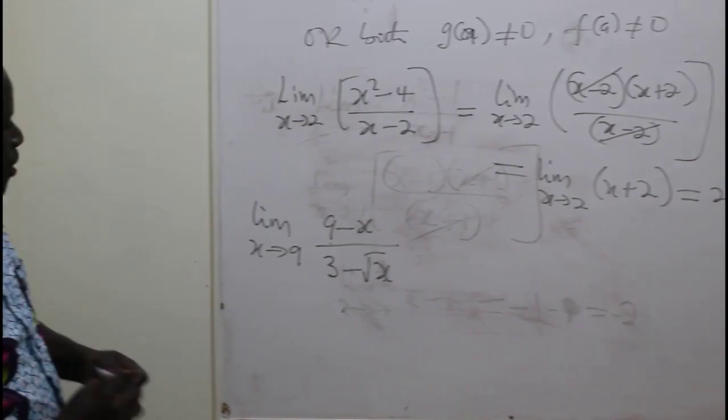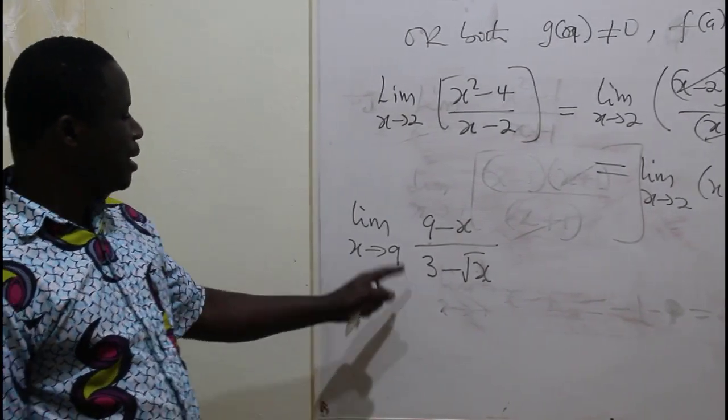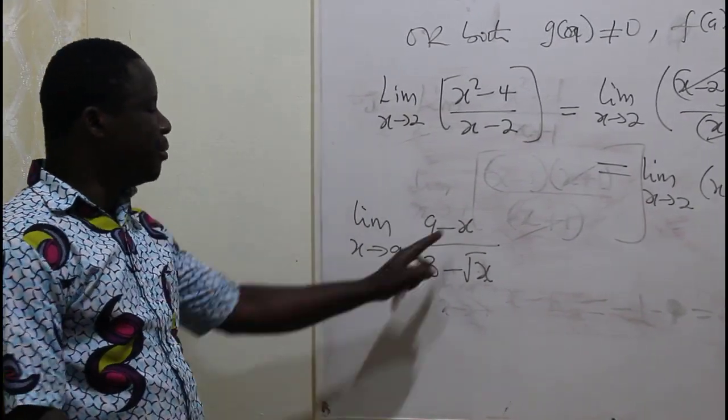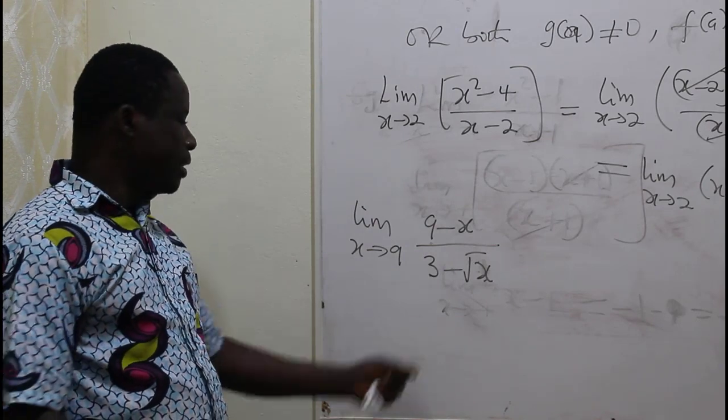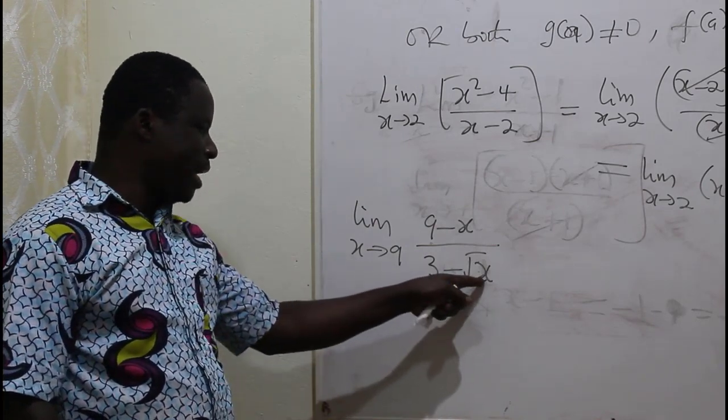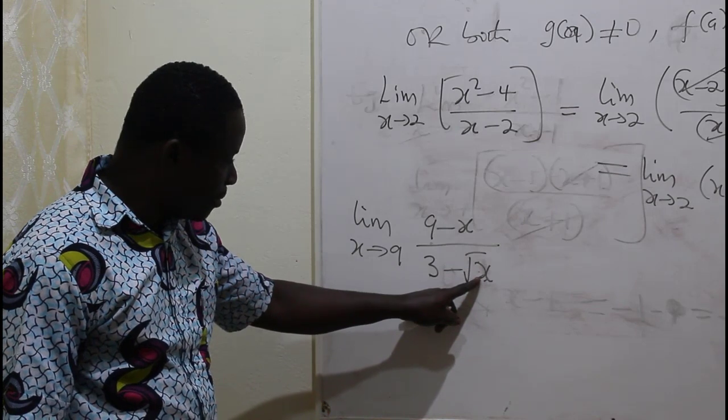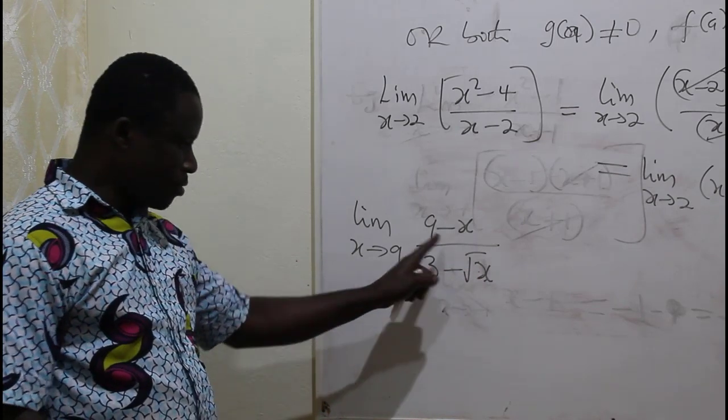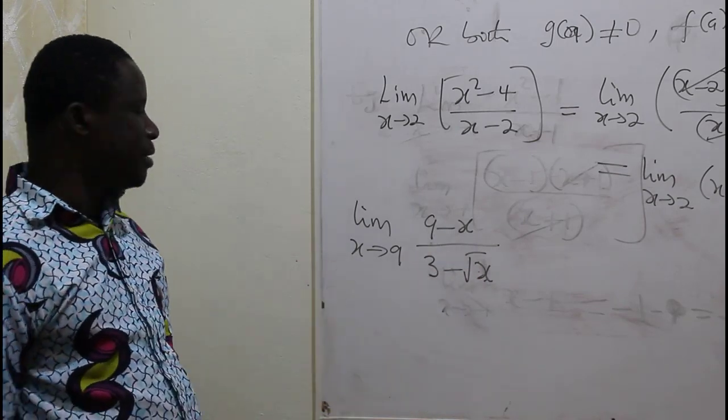When you check, as x approaches 9, the numerator will be 0. The denominator too will be 3 minus root 9, and root 9 is 3, so 3 minus 3 will be 0. So you have to simplify.